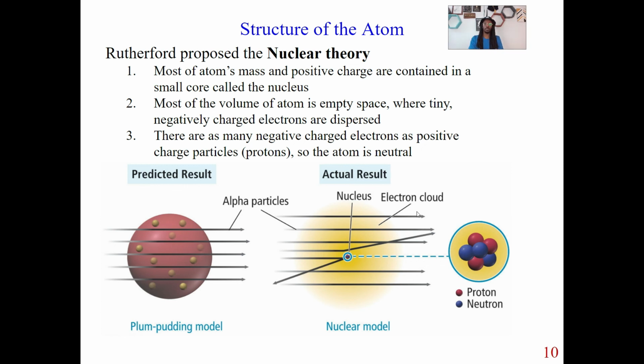Okay, so atoms are actually neutral. The only positive or negative we have is because of the protons or the electrons. And later on, he actually redefined this theory to add in the neutrons, which we see here. Okay, so ultimately, he came up with this nuclear theory. And this is our nuclear model, all right, that we're going with here.